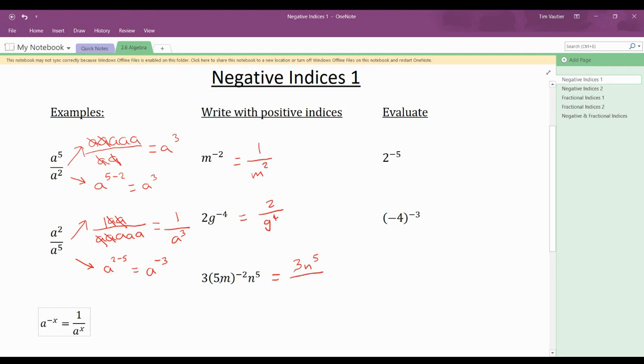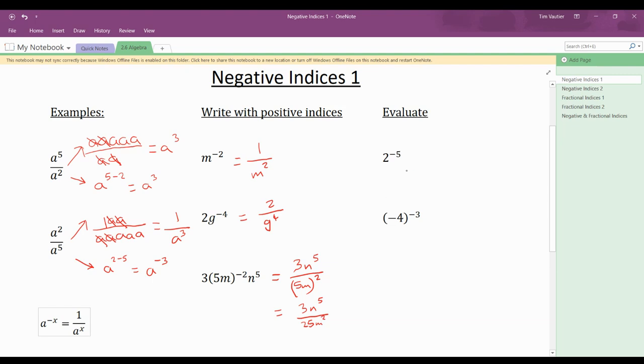And the 5m that has been acted on by the power of 2 is going to go to the bottom. I could simplify this down a little bit, because I've got 5m squared, 5 times 5, so I'd have 25m squared. That would be a way of simplifying that one.